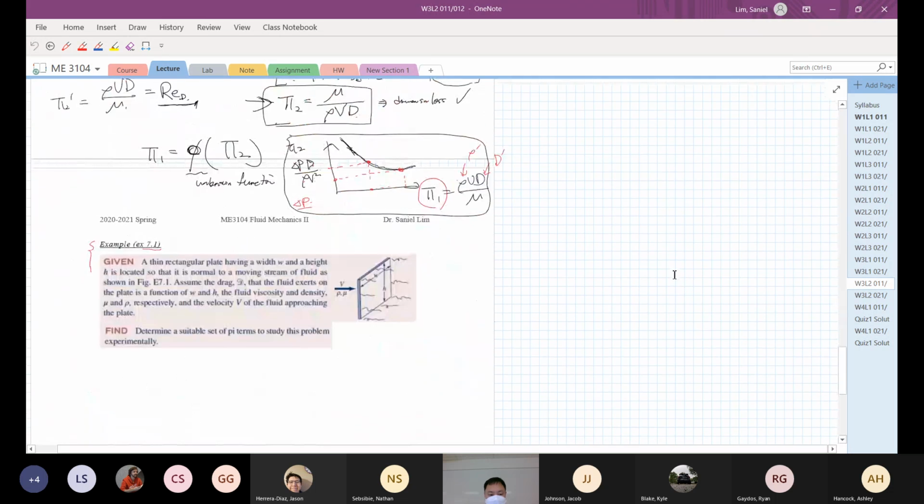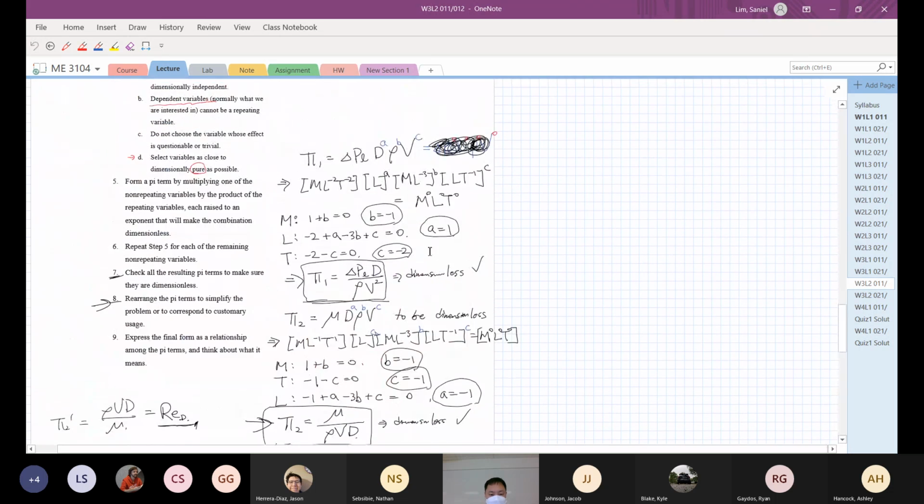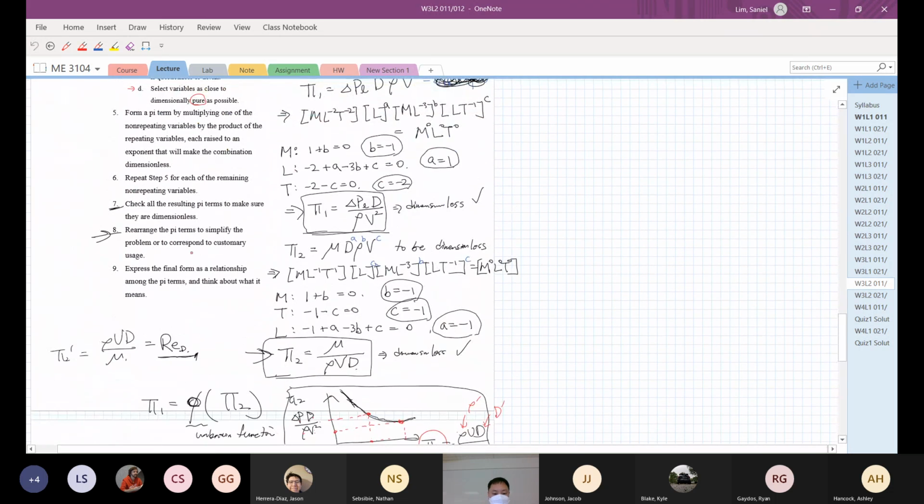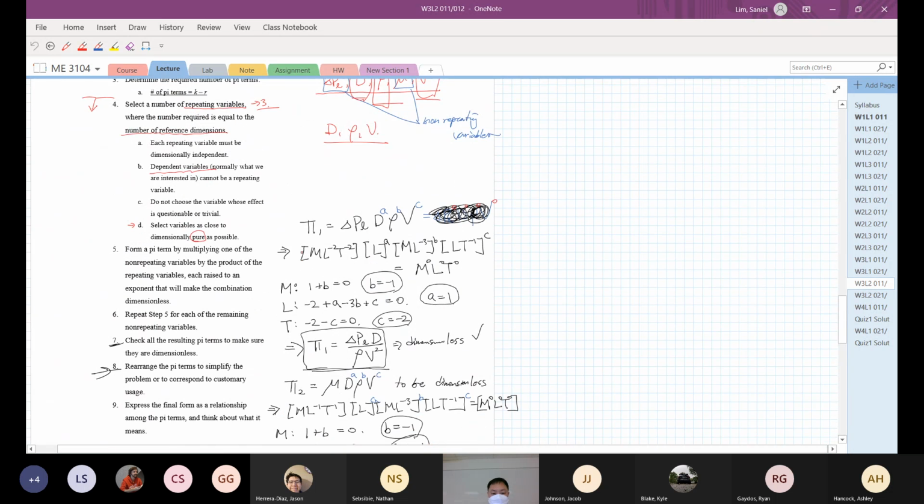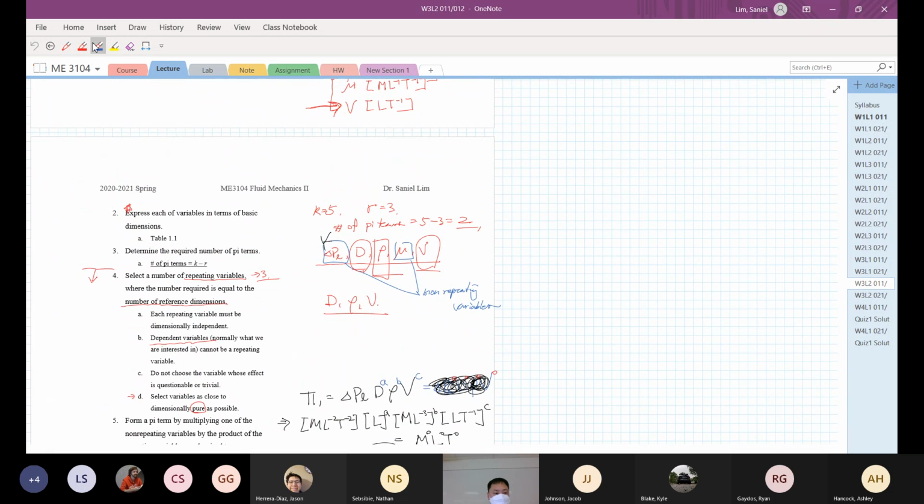For the example problem, we picked repeating variables D, rho, and V, just following some of the hints and tricks we have here. Out of the variables, we picked D and V, obviously, because we have at least one of M, L, or T, so these are the easy ones.